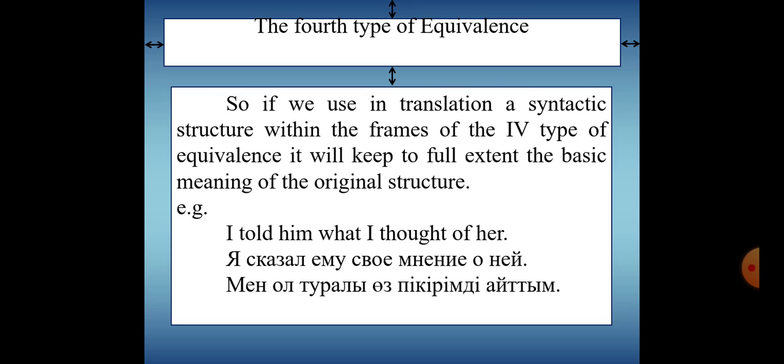So, if we use in translation a syntactic structure within the frames of the fourth type of equivalence, it will keep to full extent the basic meaning of the original structure. For example, I told him what I thought of her.